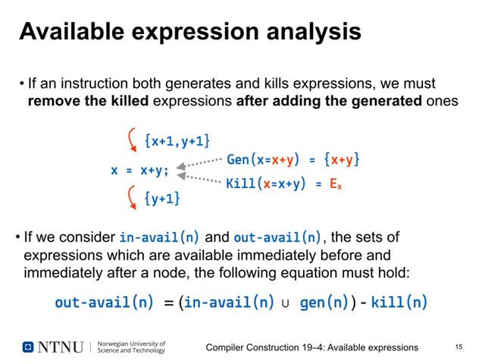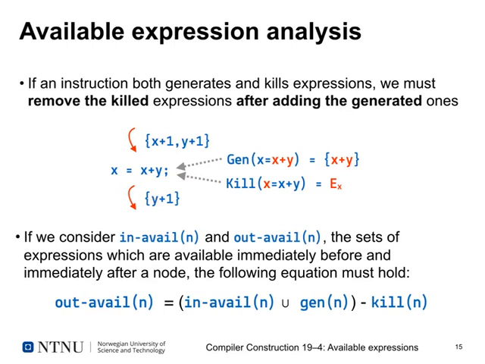So we're throwing it out again. So we have x plus 1 before, which is not useful here anyway. We recalculate x plus y, so we generate something new, and then we kill all the expressions containing an x, so x plus 1 and the recently generated x plus y, so we're again left with y plus 1.